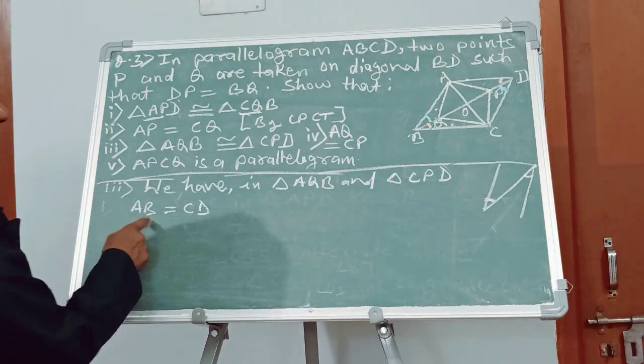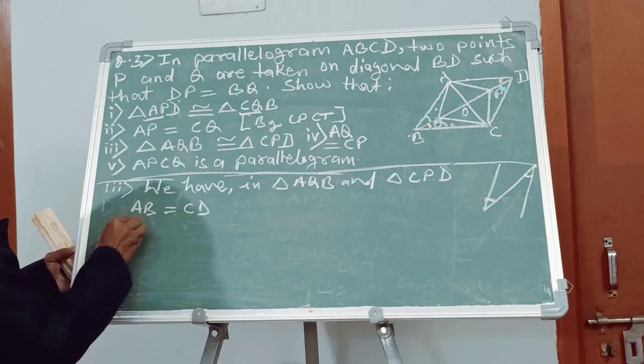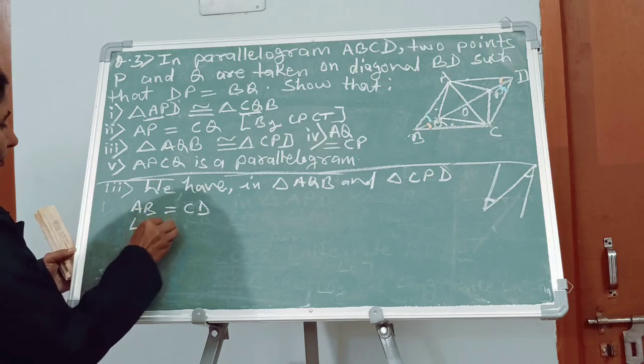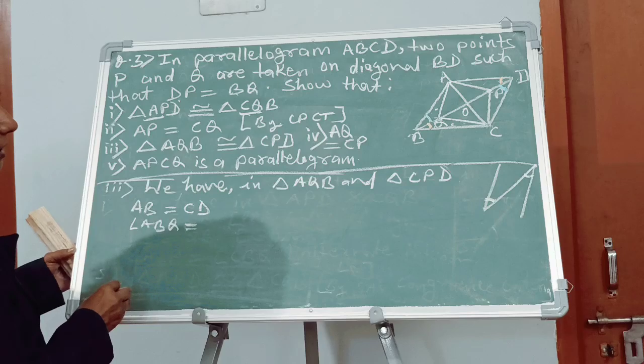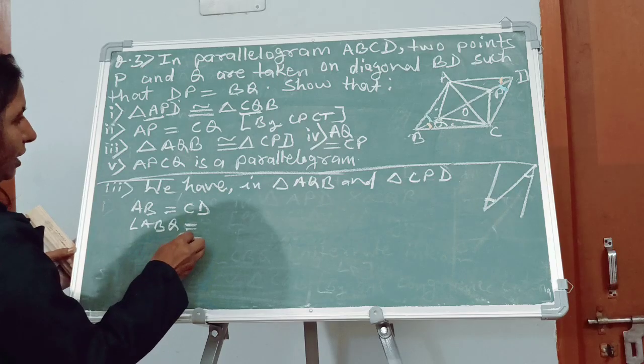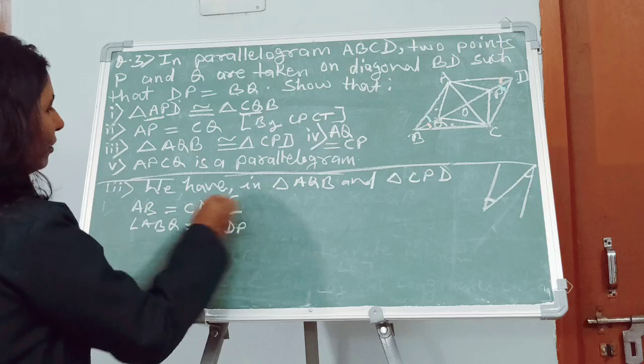So here we can write angle ABQ is equal to angle CDP. You have to write the logic also, no?